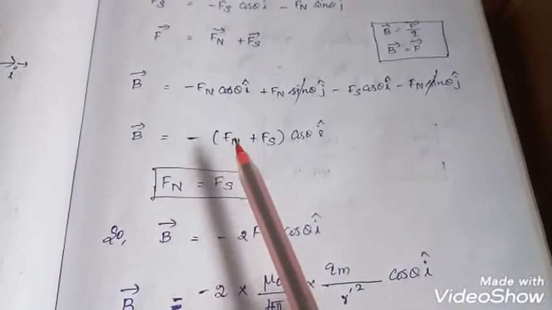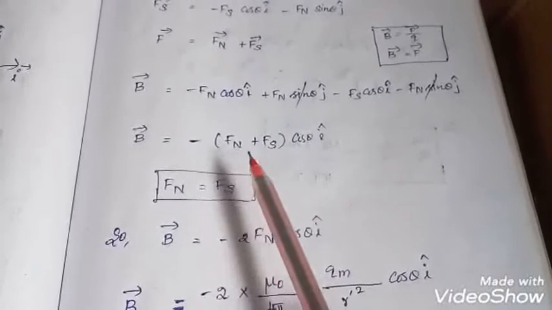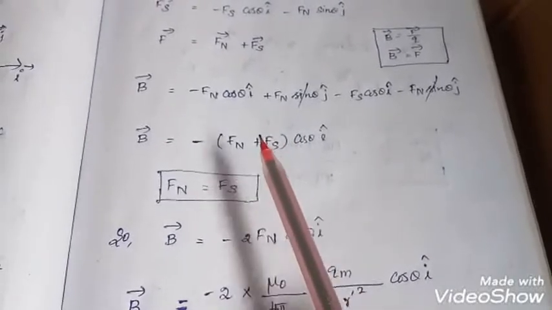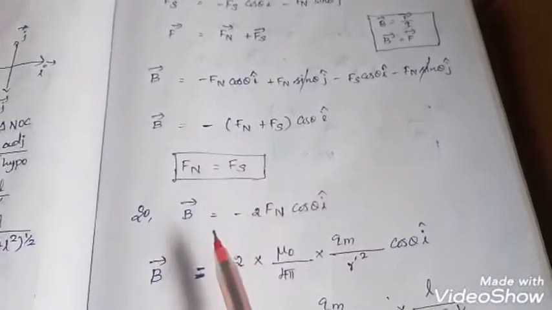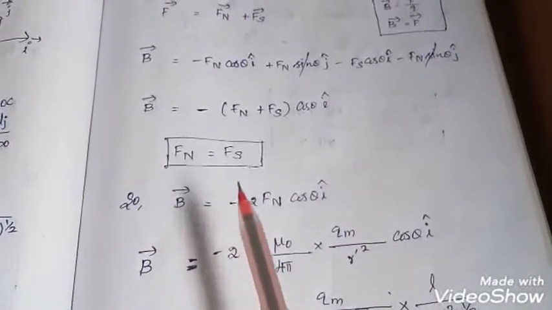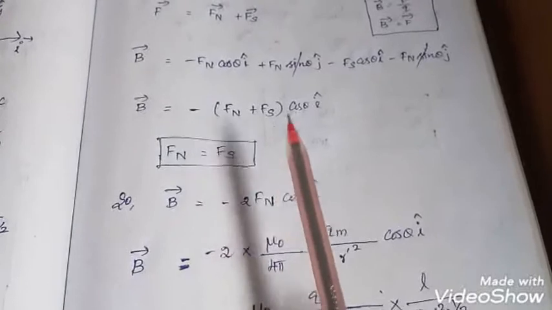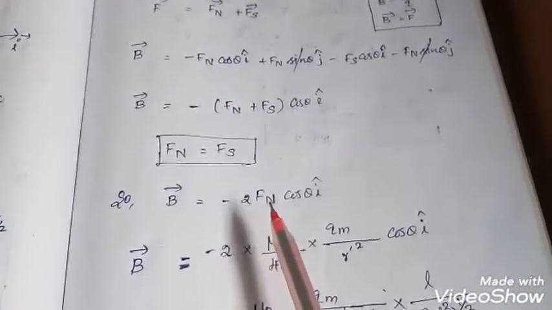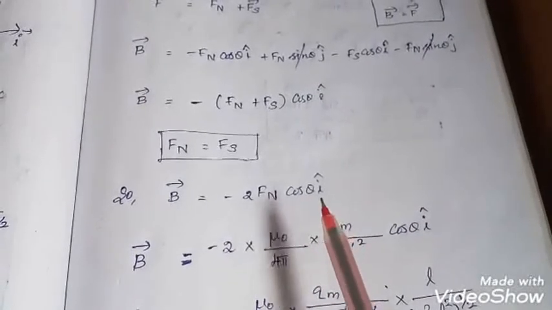So we use Fn for both terms. B vector equals minus (Fn plus Fn) into cos theta i cap. We write that as minus 2 Fn cos theta i cap.